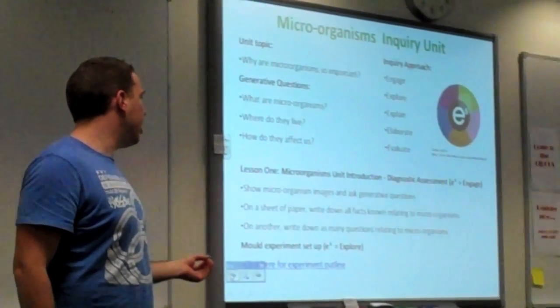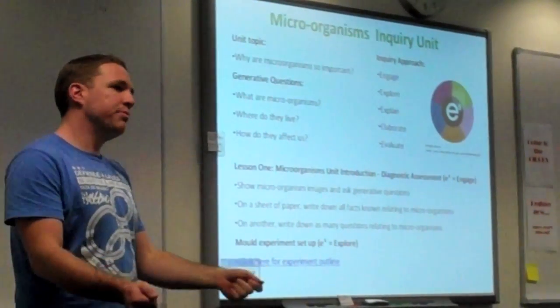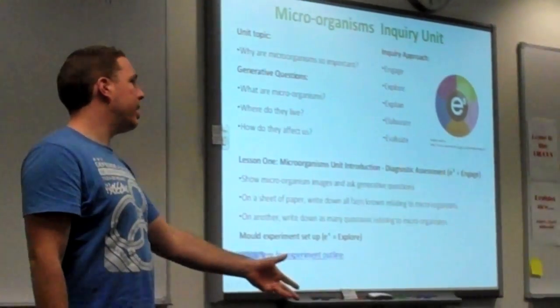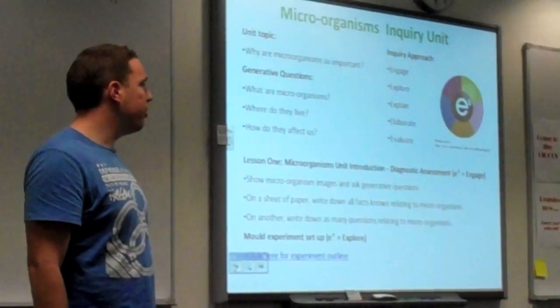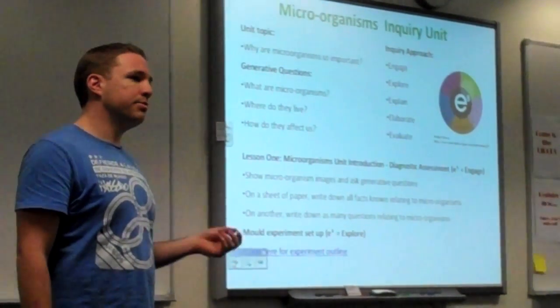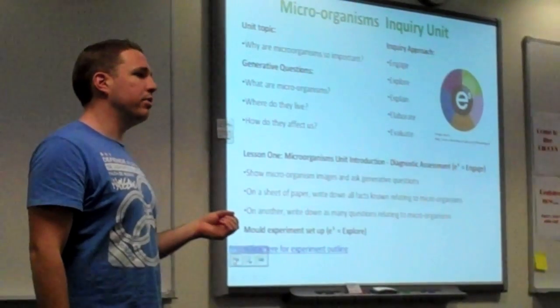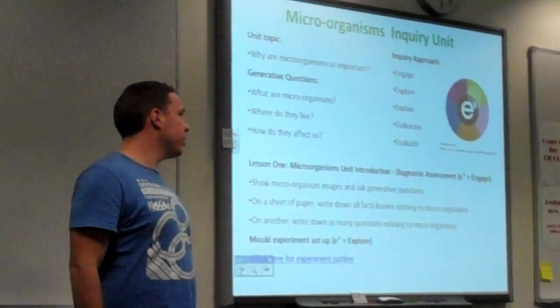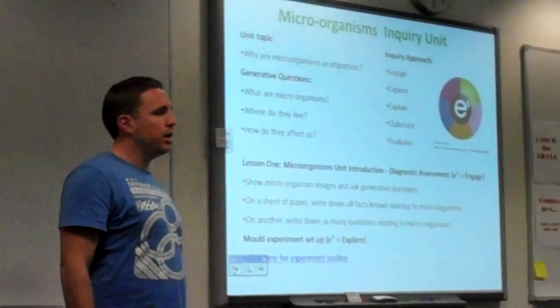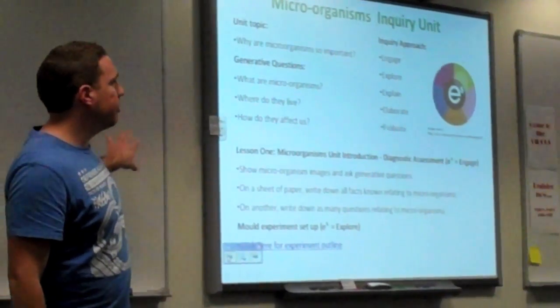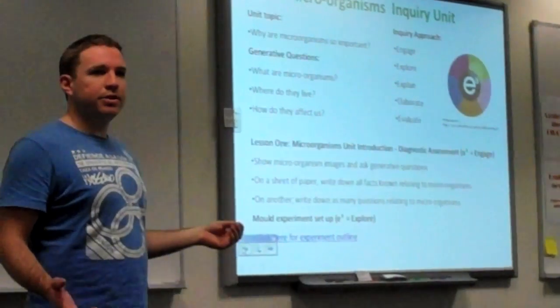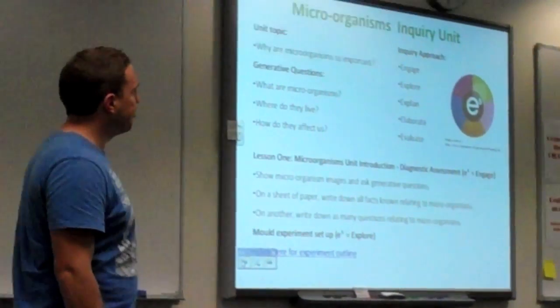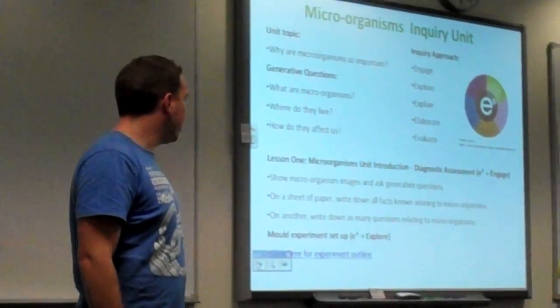And then after that, give them 2 sheets of paper, and on 1 sheet ask them to write down all the facts that they know relating to microorganisms, and this would form the diagnostic assessment of the unit. On another sheet of paper, write down as many questions relating to microorganisms as they can think of. And then I would have those in a highly visible place in the classroom, for example up here, or on a corkboard or something like that.